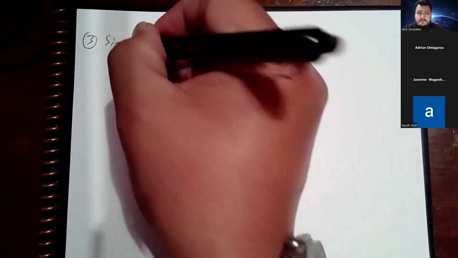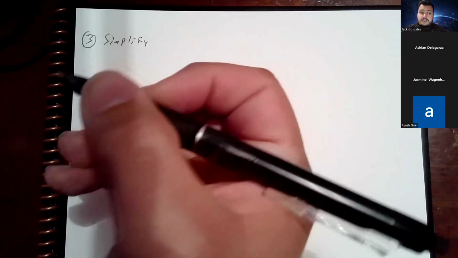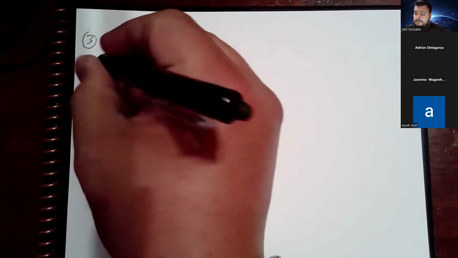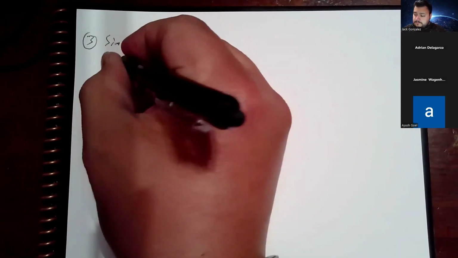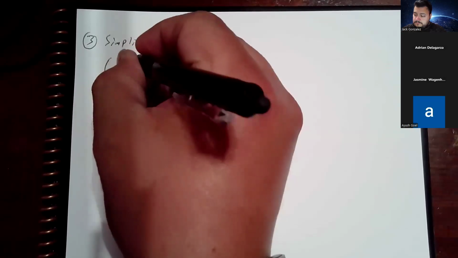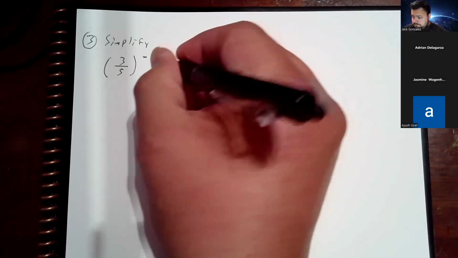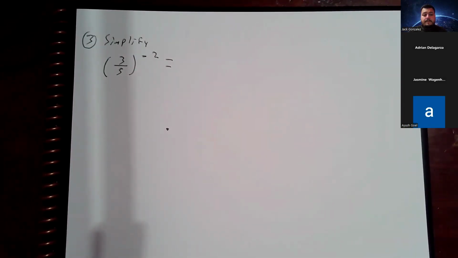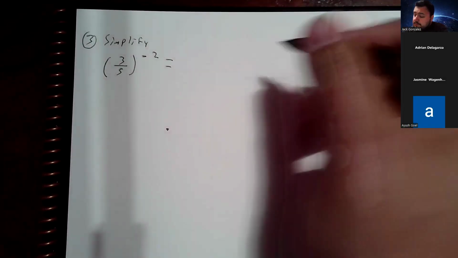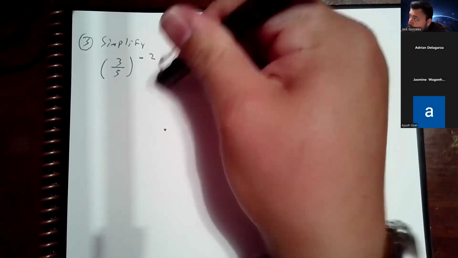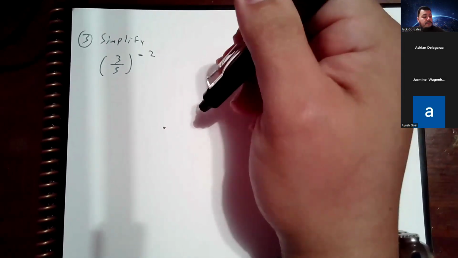I want to put simplify, but basically they want you to deal with this negative exponent. So real quick, let me put the rule that you're going to need.